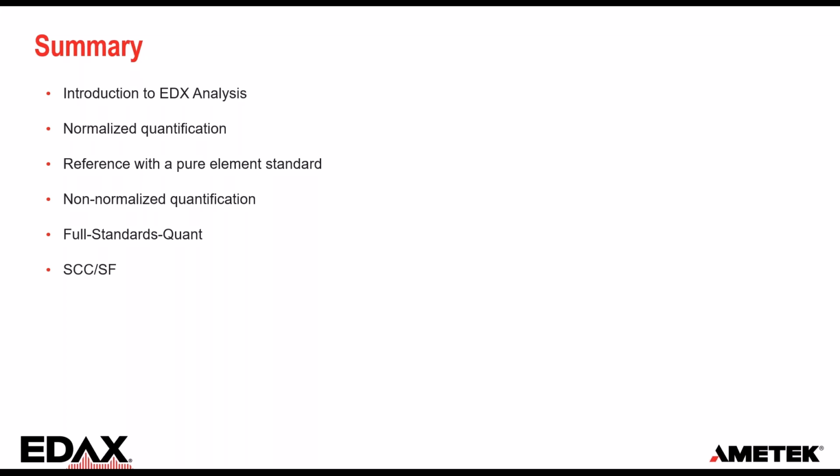Further, full standards quant requires reduced user input in terms of measuring and selecting the standards used for quantification. It also provides quick and easy access to quantification with standards and can therefore be used as an everyday routine.